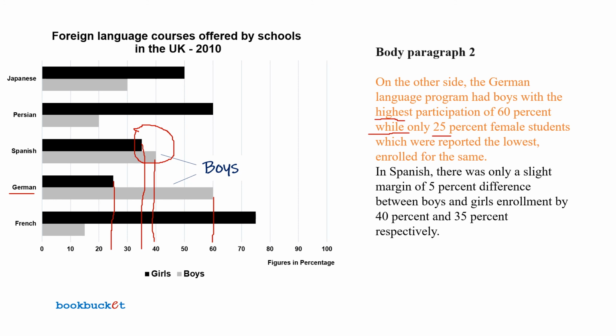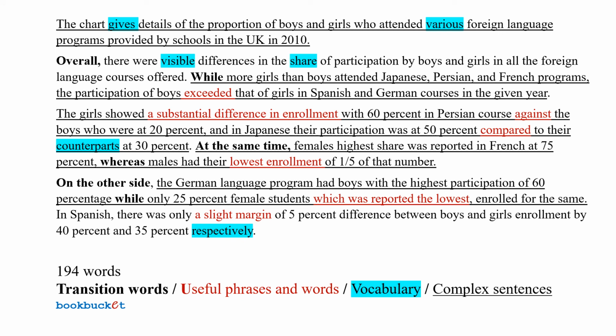Great. So people, we have completed the report here. So let us look at the entire essay in the next slide. So we have the final essay here with color coding. And let us see how this essay matches the band descriptors. So first of all, task achievement: we selected the relevant key information from the graph and reported it in the body paragraphs, making comparisons along with supporting factual data from the graph.